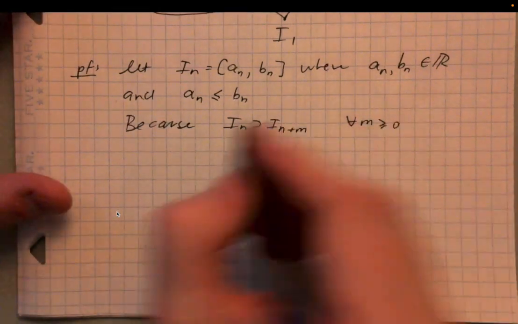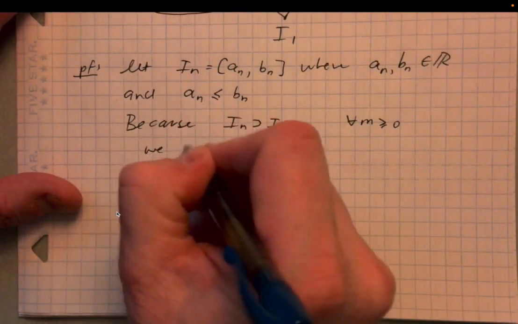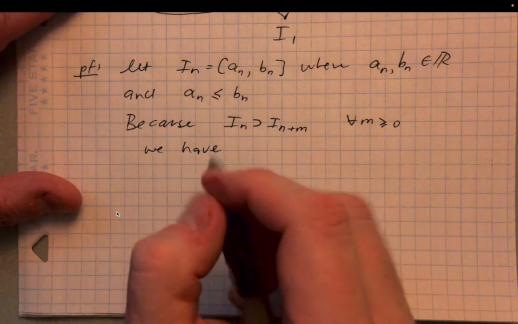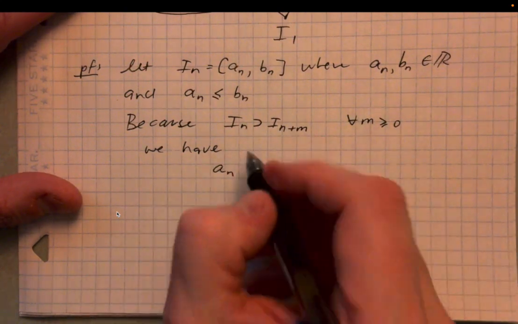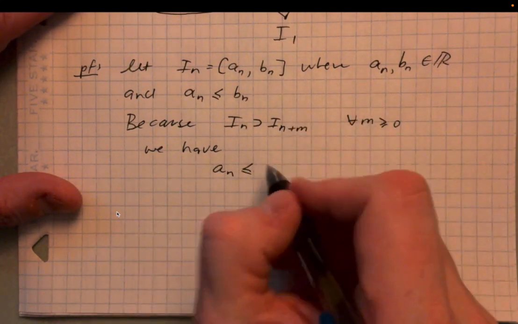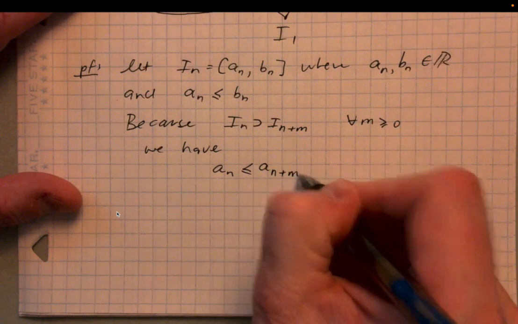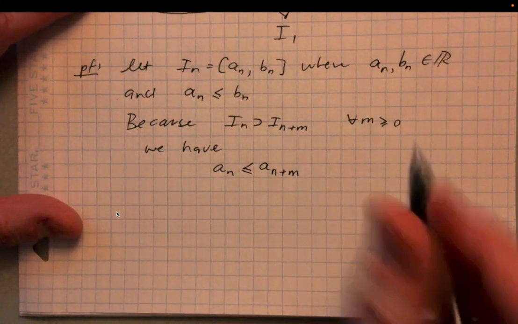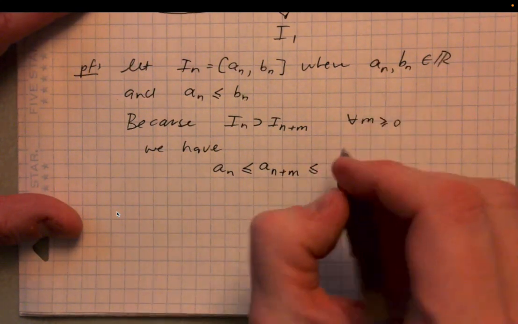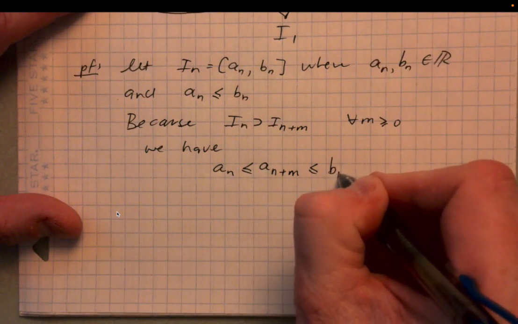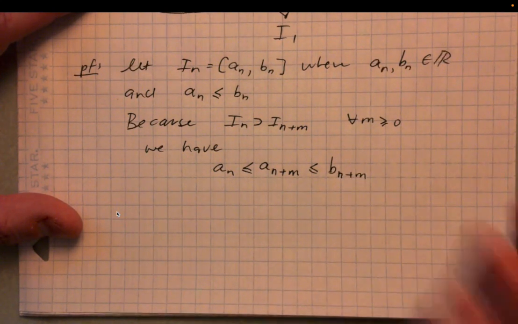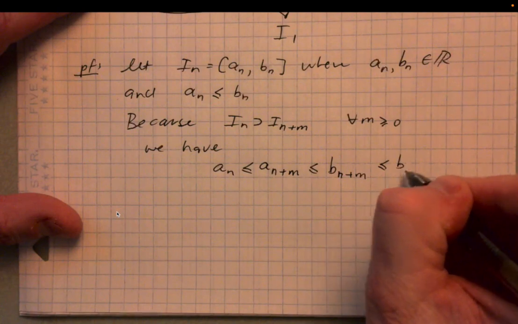Because of this, we have a sub n is less than or equal to a sub n plus m, which is less than or equal to b sub n plus m, which must be less than or equal to b sub n.